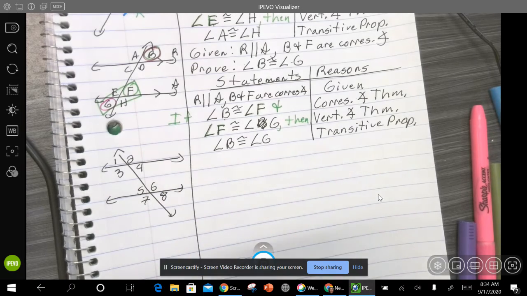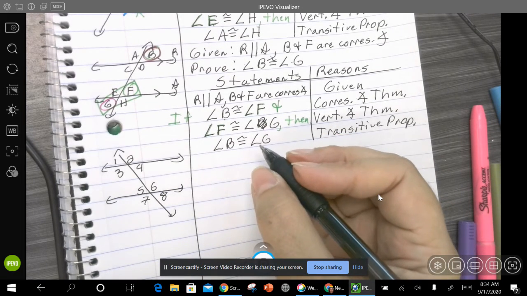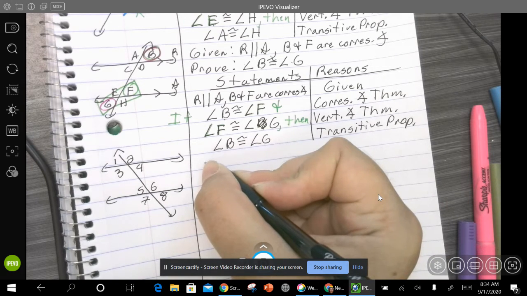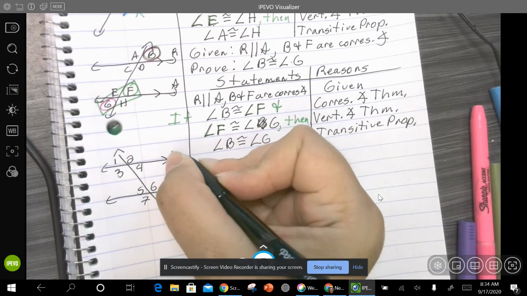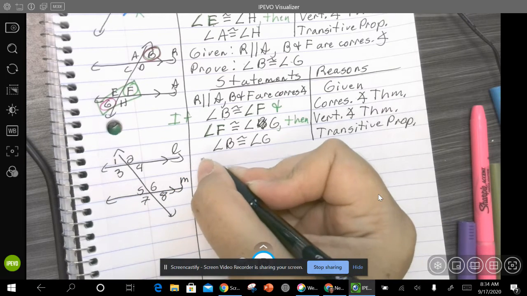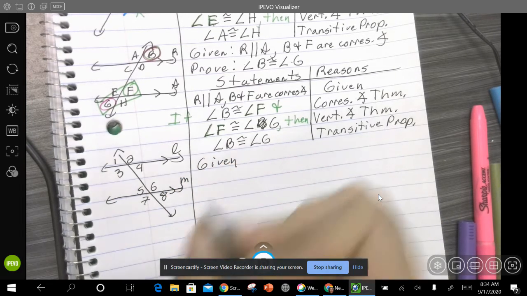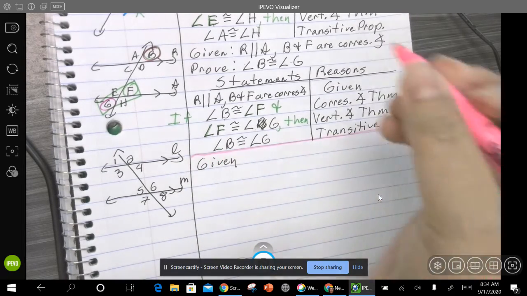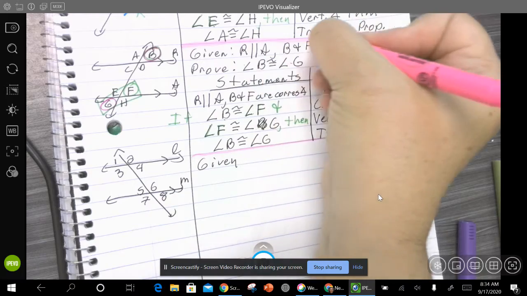Okay, we got those. So let's say that we're given this is line M, so just kind of space between these.